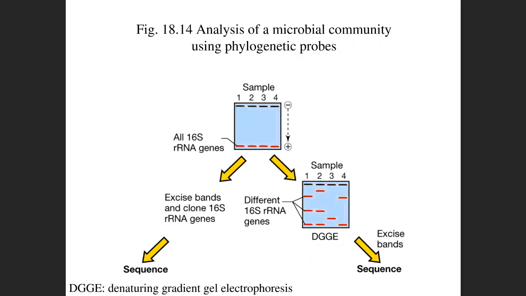So if you get all the DNA and extract the 16S rRNA gene, you can either sequence it directly, or you can separate them into different samples and then sequence them. Either way, you determine the sequence of the 16S ribosomal RNA from different bacteria, because you have a mixture of them, right?